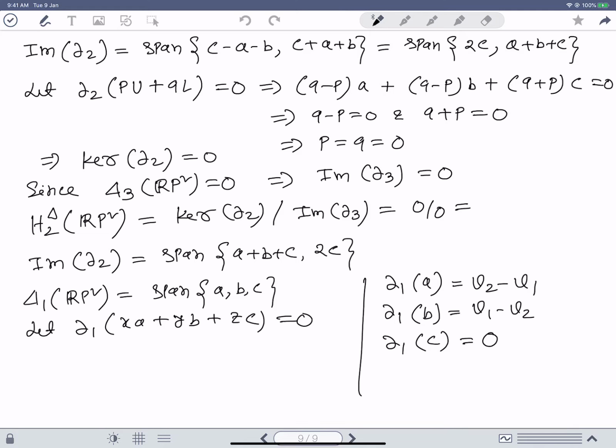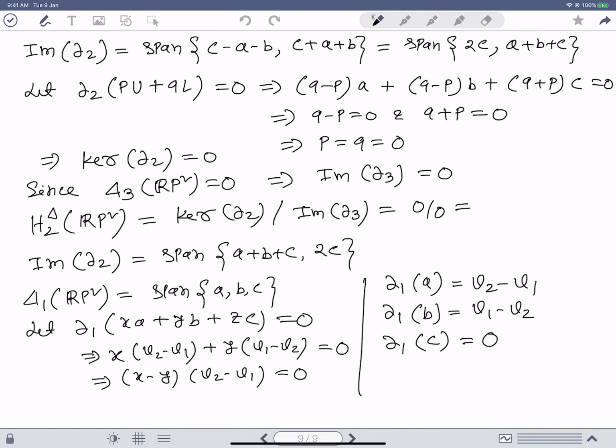Okay, so therefore here we can write x(v2 minus v1) plus y(v1 minus v2) plus 0 equal to 0. Now that implies (x minus y)(v2 minus v1) equal to 0. Now since this is one basis element, that implies x minus y should be 0, that is x equal to y.